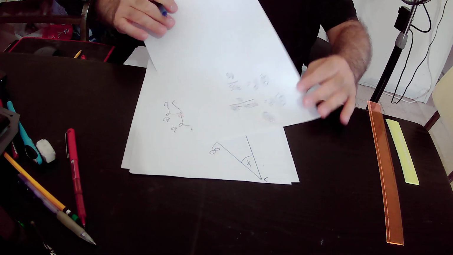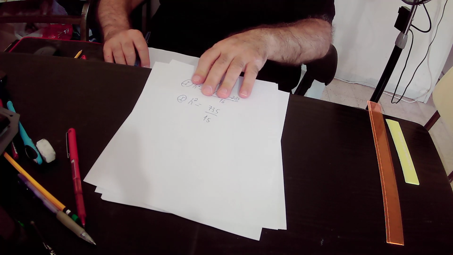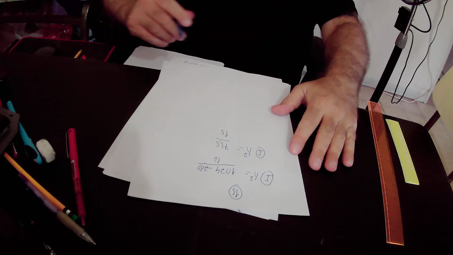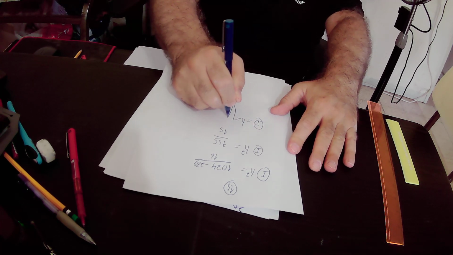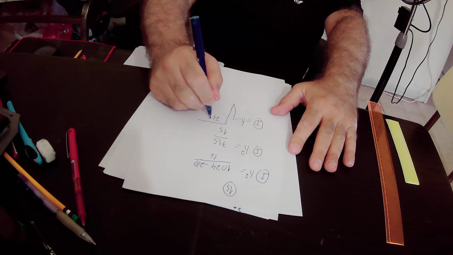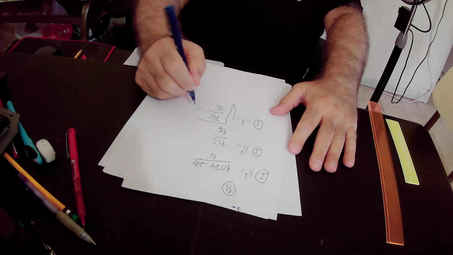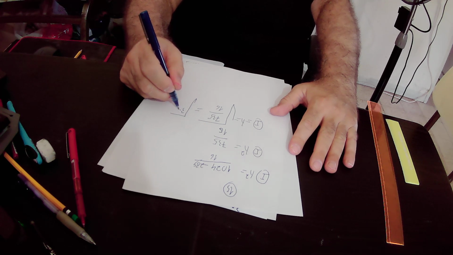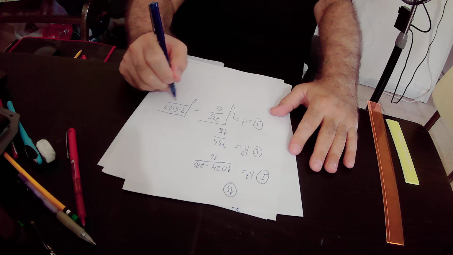So here we will take a root out of this equality and we will get that h equals the root of 735 over 16. 735 equals 3 times 5 times 7 times 7 and 16 equals 4 times 4.